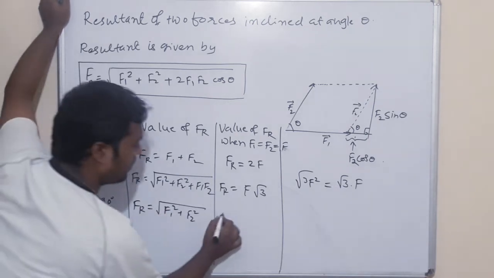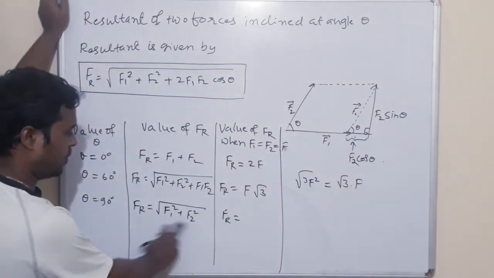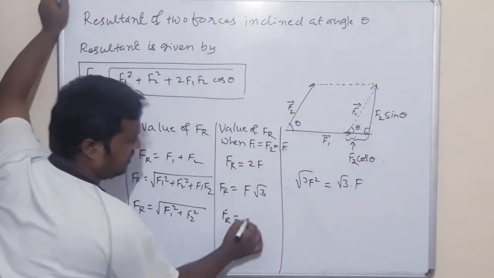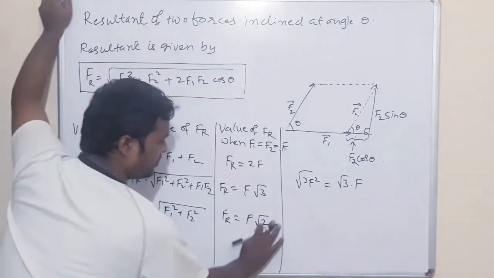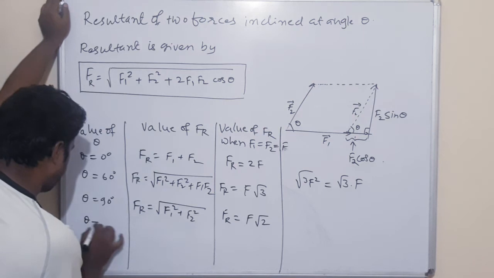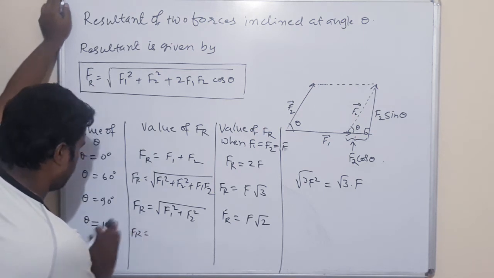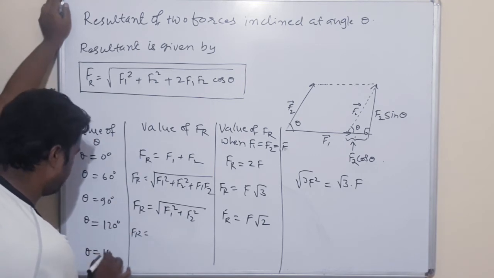Then what is the resultant? If both are equal, it is root of F square plus F square. Inside root I will get 2F square. Then this will be F outside multiplied by root 2. If theta is equal to 180, or 120, I will take 120 first, then we will take 180.